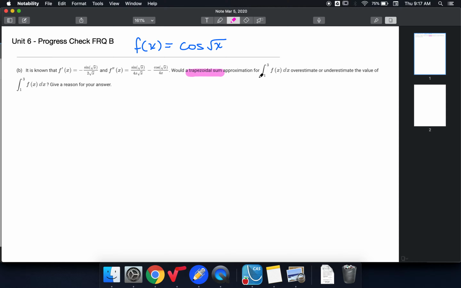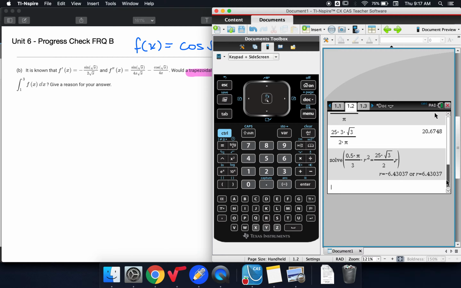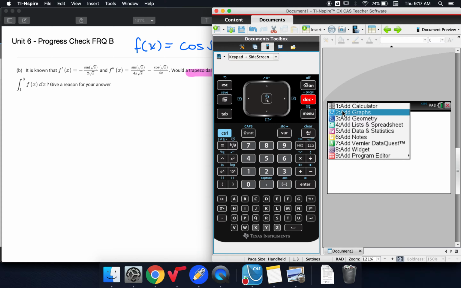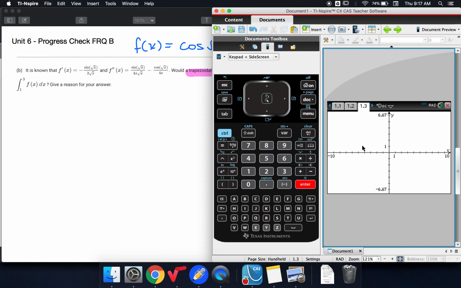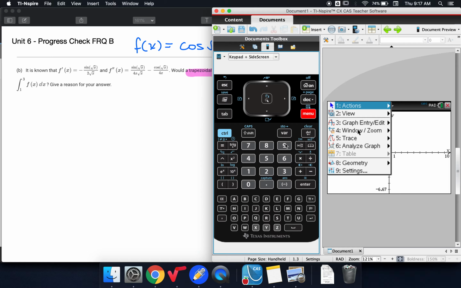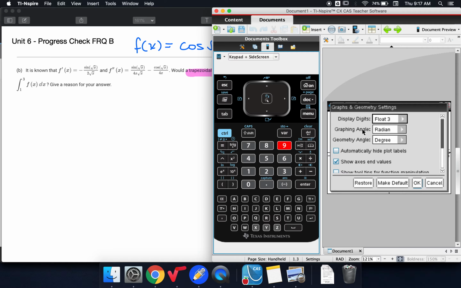So between 1 and 3, and this is definitely a calculator problem, I'm going to put in the graph of my second derivative and look at it between 1 and 3. First thing I want to do is make sure my calculator's in radian mode, and I'm going to add a graph page. Again, I want to make sure that my graph is in radian mode. When I'm graphing, I want to look at my settings and make sure that my graphing angle is also radians.